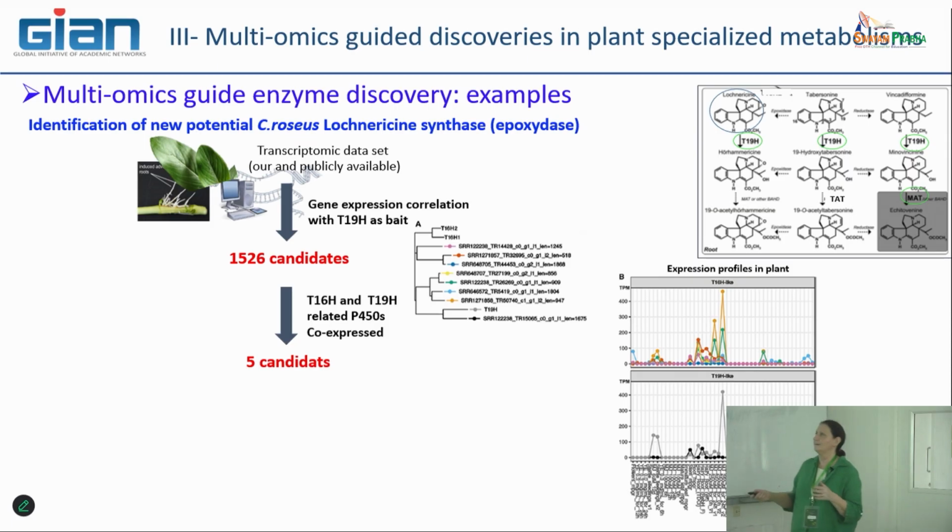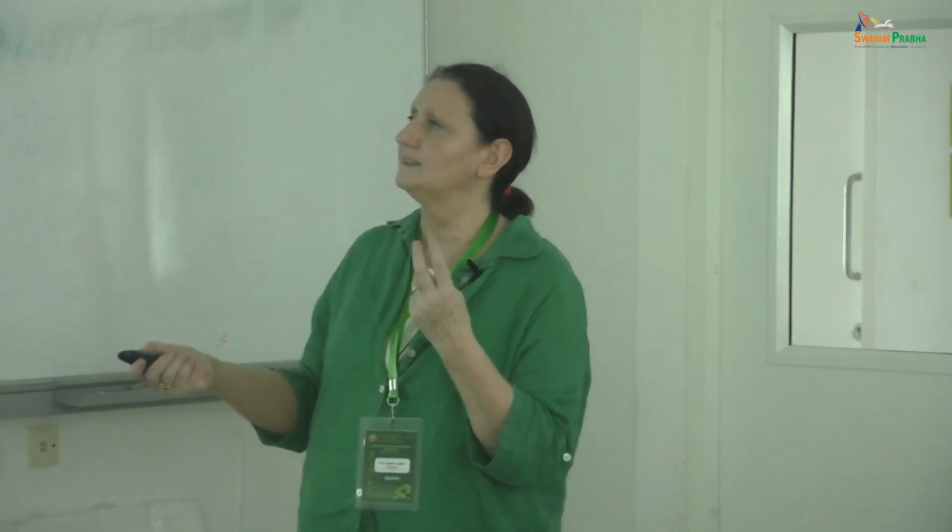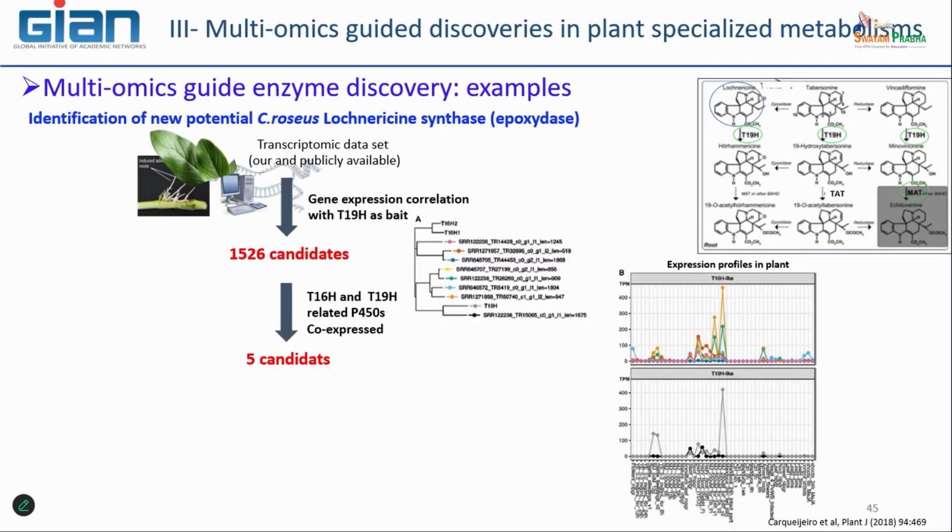by taking not only one bait, but 2. That means this particular enzyme that occurs here, and this one too, a related P450, co-expressed normally with this type of enzymes.